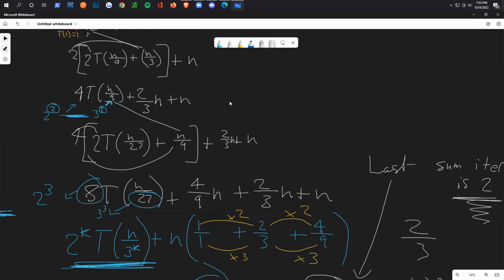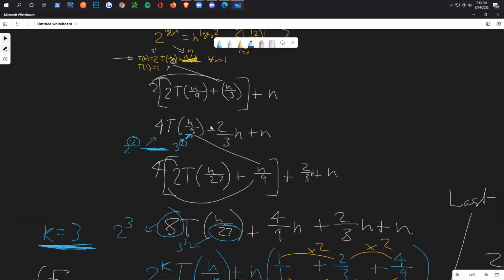So at iteration 2, when k was 2 right here, we can see that we only have the terms 1 over 1 plus 2 over 3. So this is i equals 0, and this is i equals 1, right? The last term is i equals 1, but k is 2.